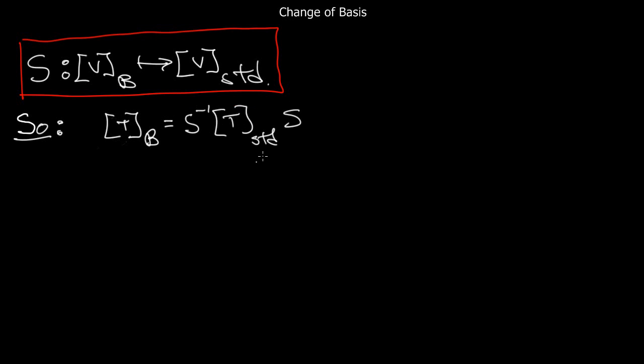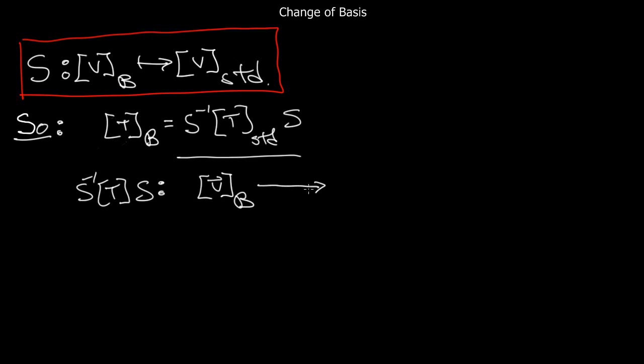And the reason is, let's look at this right-hand side, S inverse T S. If you apply it to a vector, what kind of vector are you going to apply it to? Something in the new basis. Well, the first thing when you multiply is this S comes first.